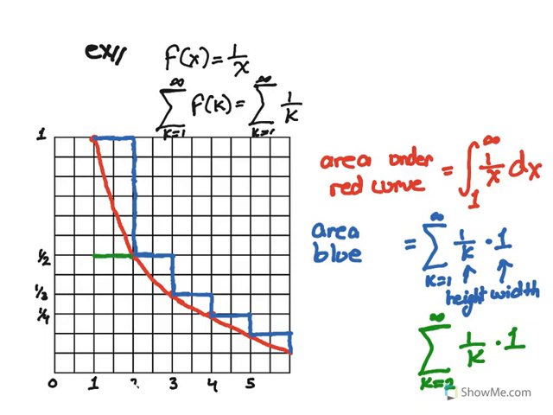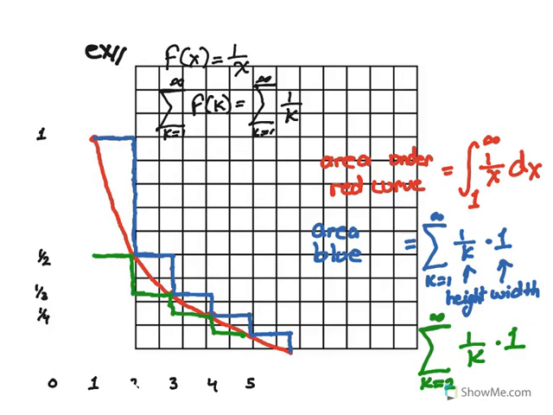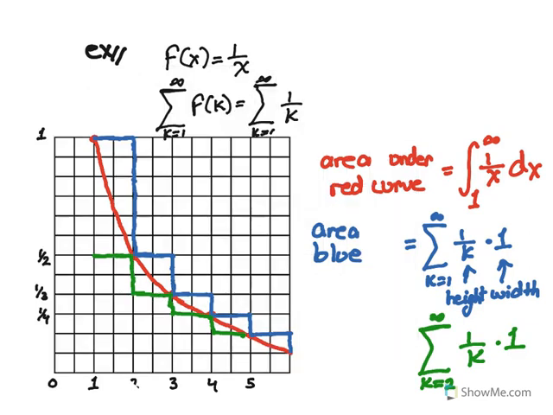And the second one will have a height of 1/3, and the third one will have a height of 1/4, and so on. Sorry, technical glitch. But then we know that this series starting at k equals 2 is equal to the green area, and the green area is strictly less than the area under the red curve.